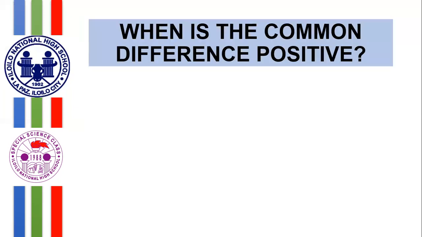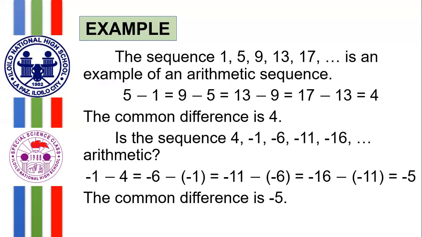Now, if you could notice here in the first example, let us notice the signs. The sign of the common difference is positive, whereas for the second case, the sign of your common difference is negative, which leads us to the next question. When is the common difference positive?